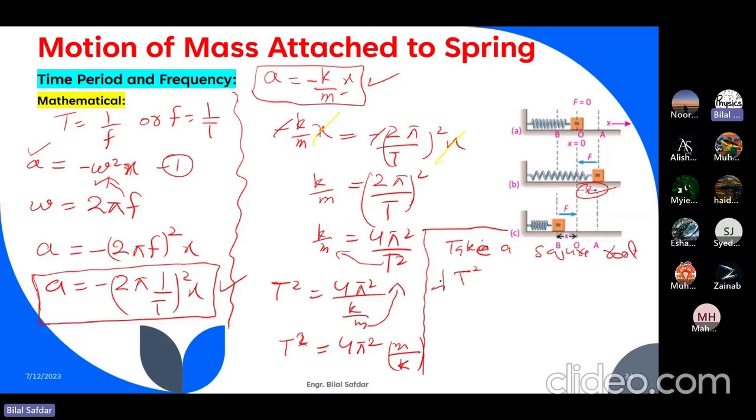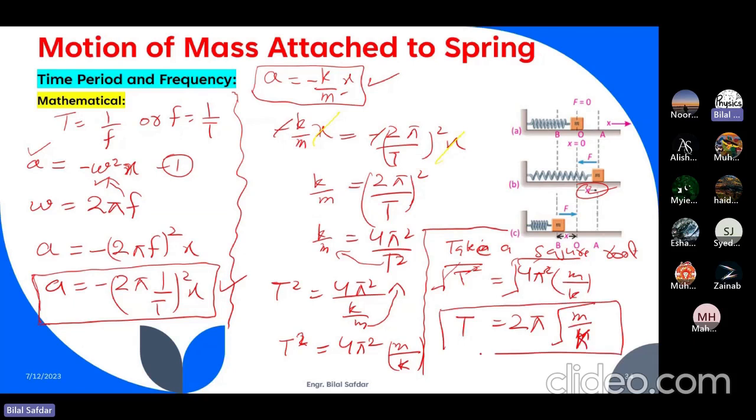Square root of 4 pi square m over k: the square root of 4 is 2, and pi square is cancelled with the square root, that's why it is outside, and the remaining terms are inside the square root, that is m over k, and t square is cancelled with the square root, that gives us t is equal to 2 pi square root of m over k. We get the final result. Any confusion till this point?